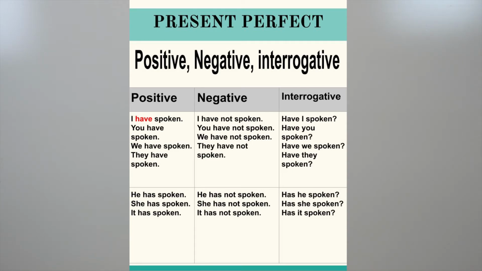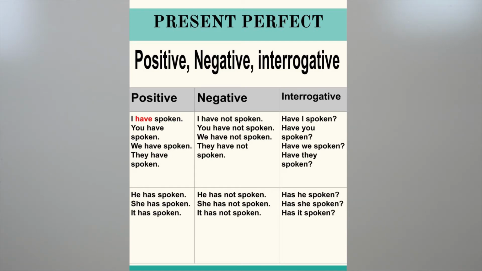Have they spoken? Has he spoken? Has she spoken? Has it spoken? You'll notice that in this form, the only verb that changes is the have for I, you, we, they, and the has for he, she, and it.